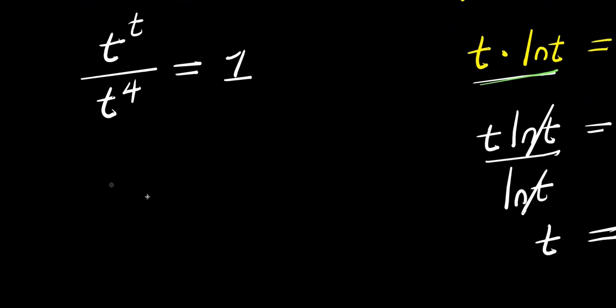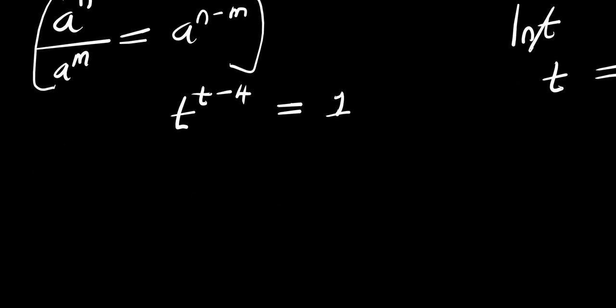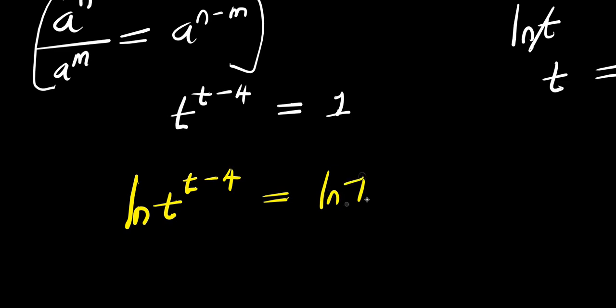From here, if you have a power n divided by a power n equals a power n minus n. So that means we are going to have t power t minus 4 equals 1. And at this particular point in time, we can then apply natural log. I have natural log of t power t minus 4 equals natural log of 1.